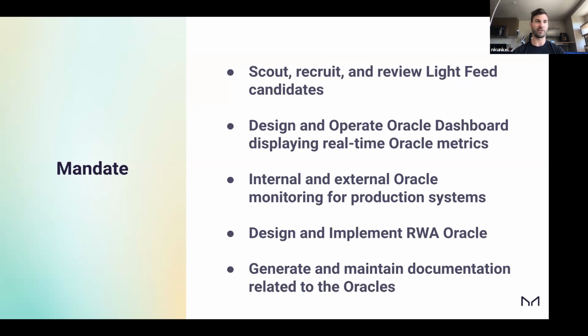In terms of Oracle monitoring, Oracles as a system is one of those things that needs to be constantly monitored. I don't know if you've ever been on a call and heard my phone go off with some wailing alarm. Yeah, that is our internal monitoring setup that is constantly tracking every single price that a feed submits, every single price that an Oracle receives, every single price discrepancy between any of those prices and what we perceive to be the market price.